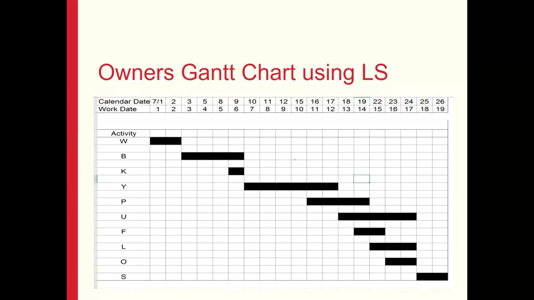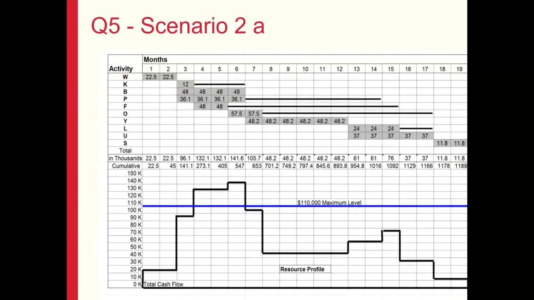Likewise, when communicating the same bar chart with the owners, we need not communicate the early start times. Perhaps we could give them the late start times, so that even if the project gets delayed by any unforeseen events, we still have some ability to accommodate.